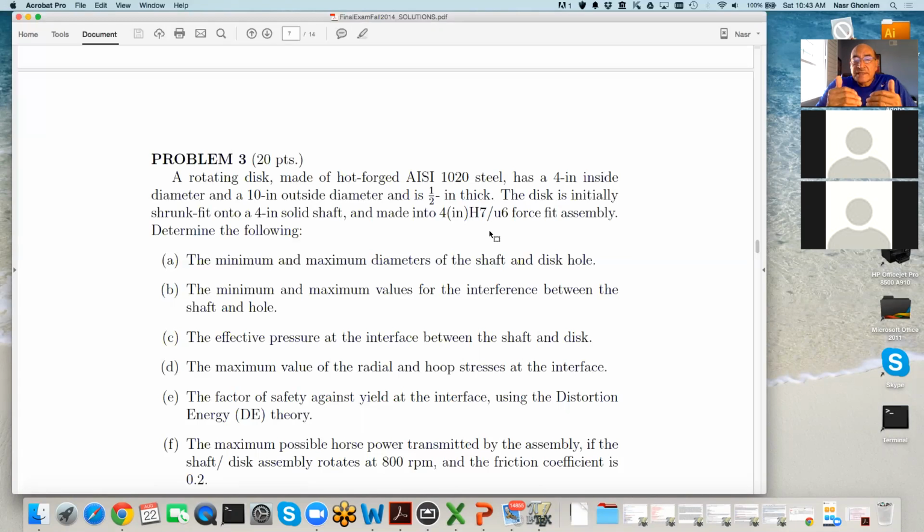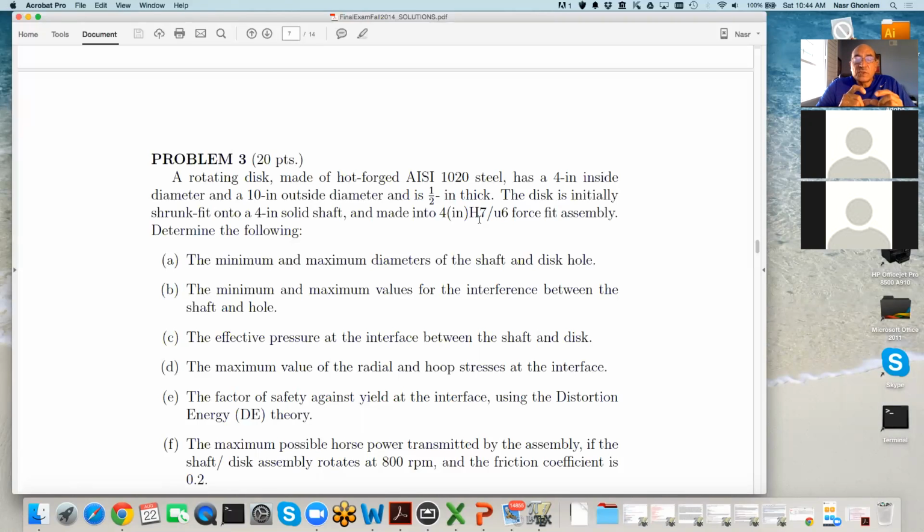So the cascade of questions is as follows. What are the minimum and maximum diameters? That's geometry. I look up H7U6 and find the interference. I add, subtract, find the minimum and maximum, and then figure out if the minimum of the flywheel inner diameter is less than the maximum of the shaft diameter.